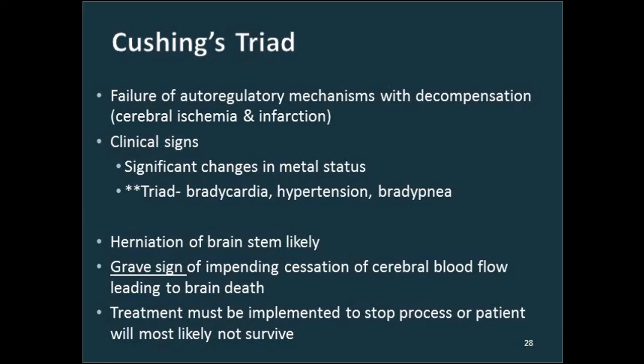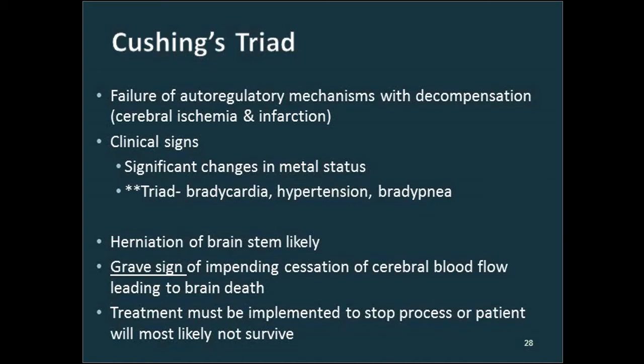Cushing's triad is the next stage in this phenomenon, where all of our autoregulatory mechanisms stop. They just completely fail, and the patient begins to deteriorate or decompensate, okay? So that cerebral ischemia leads to cerebral infarction and cerebral tissue death.